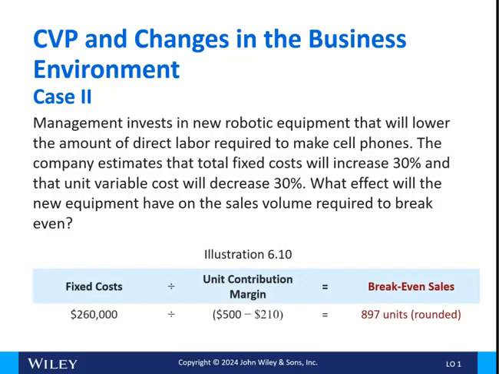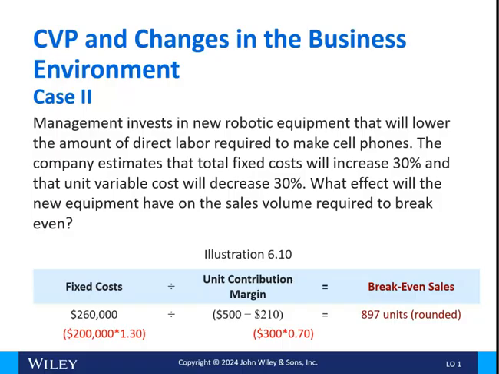So our fixed costs are going up 30%, so $260,000 is $200,000 times 1.3. Unit contribution margin is $500 of sales minus our new variable cost of $210, which is 70% of our old $300.